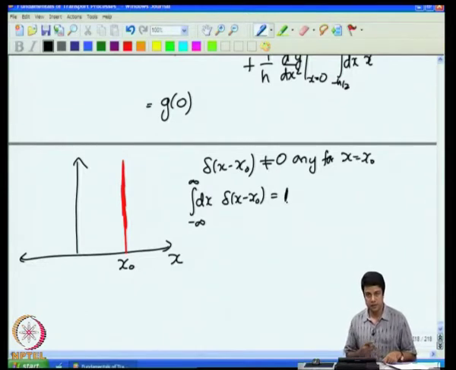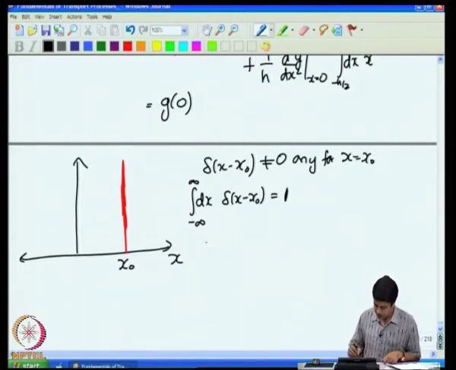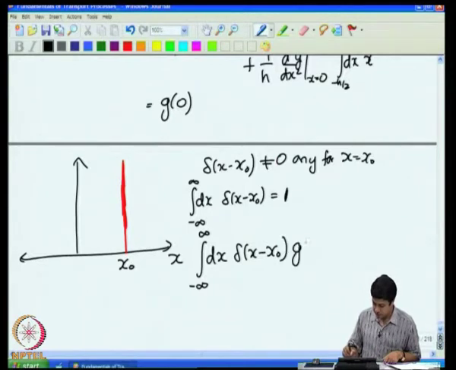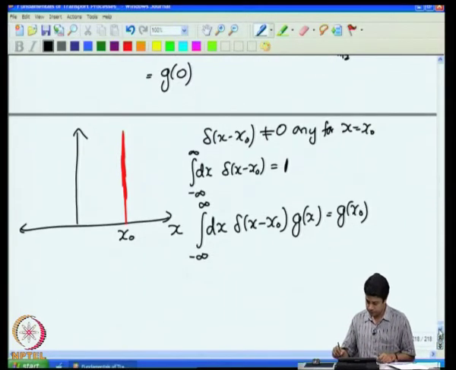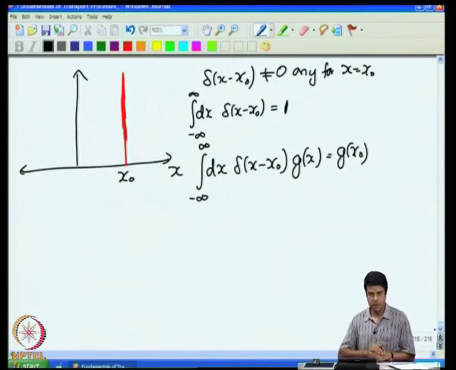The area under the curve of this delta function is independent of where it is located, it is always equal to 1. And integral minus infinity to infinity dx delta of x minus x 0 times g of x is equal to g of x 0. So, these are the properties of the delta function.